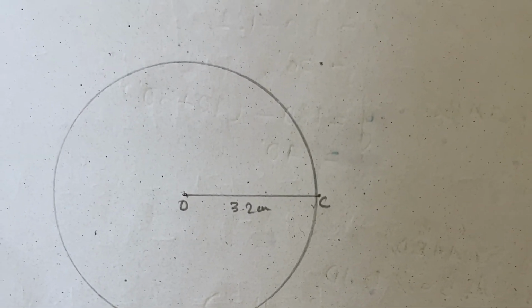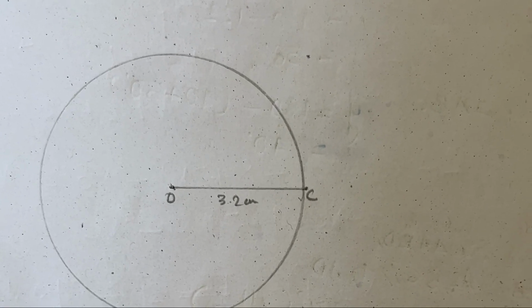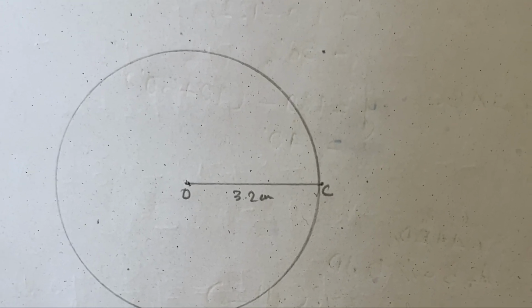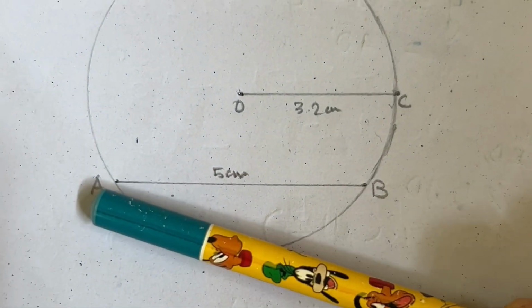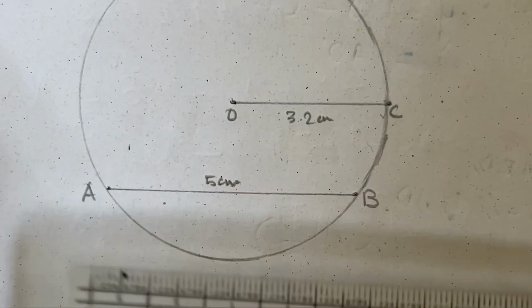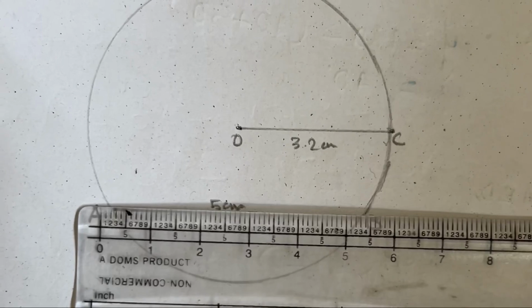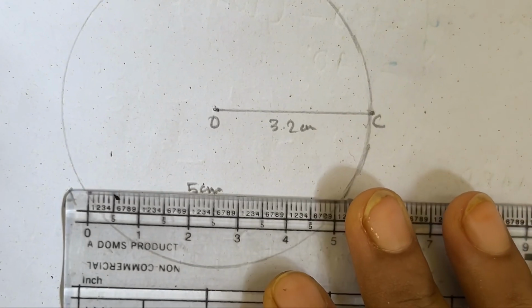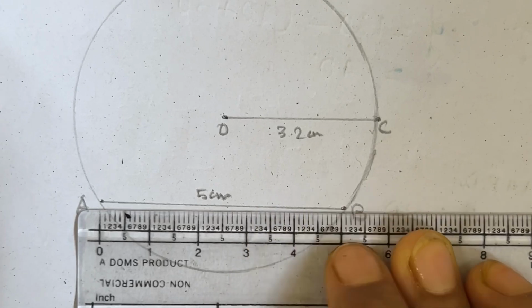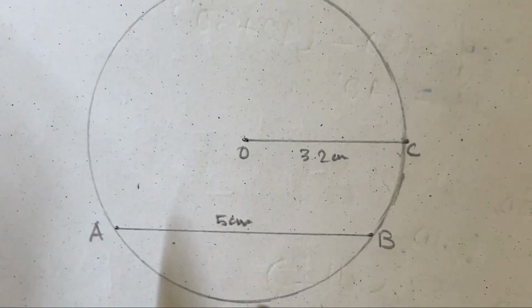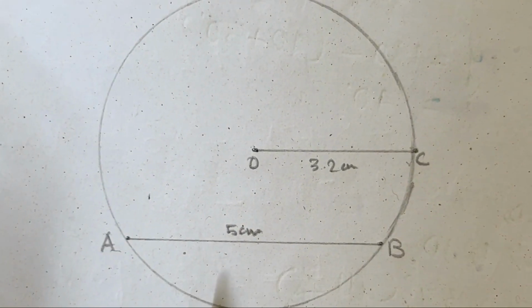Now we have to draw a chord AB as 5 centimeter. So to draw AB as 5 centimeter chord, we place the ruler and measure where it is 5 centimeter and just draw the line. So on drawing the line, we get the chord AB as 5 centimeter.